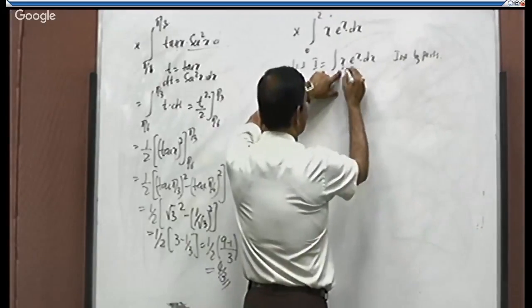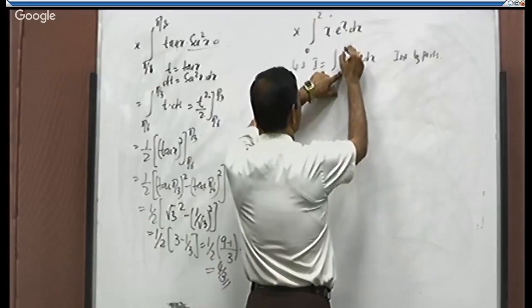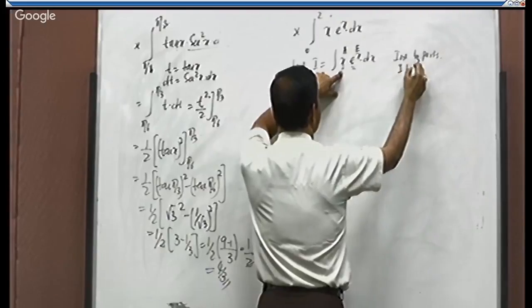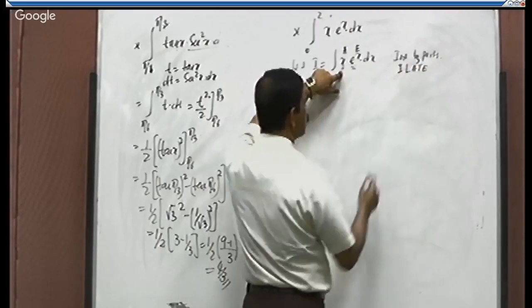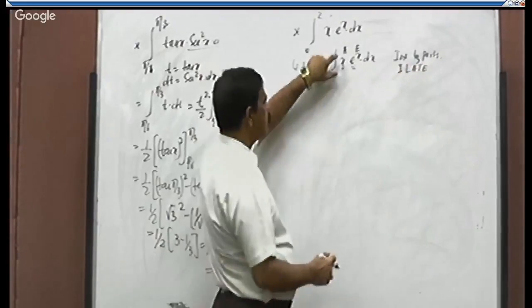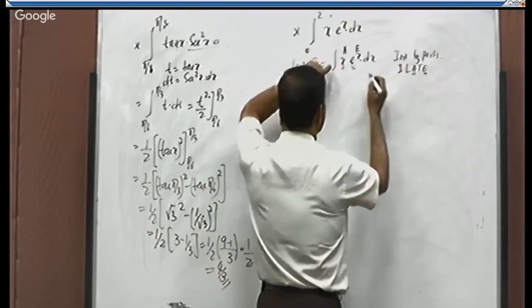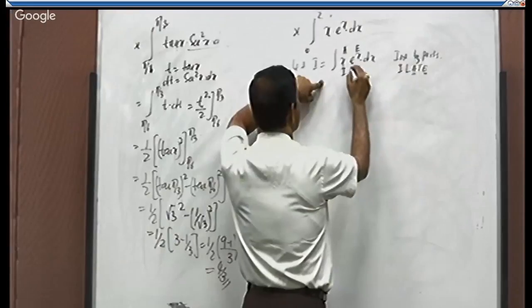First identify the functions. This is algebraic. This is exponential. According to the word ILATE, which comes first, A or E? A, then E. The algebraic becomes first and this becomes second.